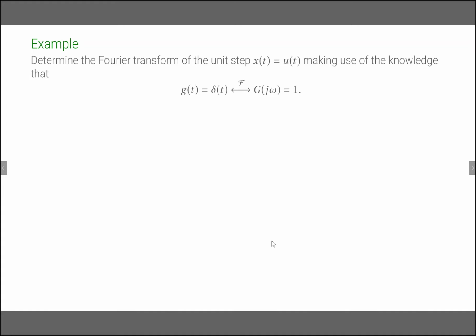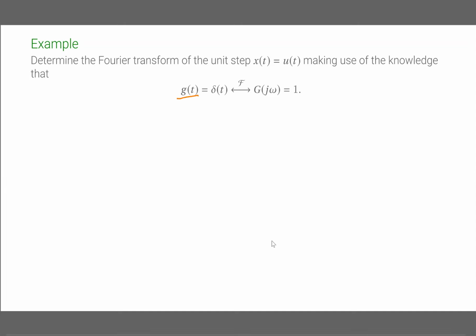Alright, let's do an example. Determine the Fourier transform of the unit step x(t) equals u(t), making use of the knowledge that g(t) equals delta(t) has a Fourier transform 1. Let's designate that as g(t), with Fourier transform G(j omega), which is 1. We know that for the unit impulse, the Fourier transform is 1.